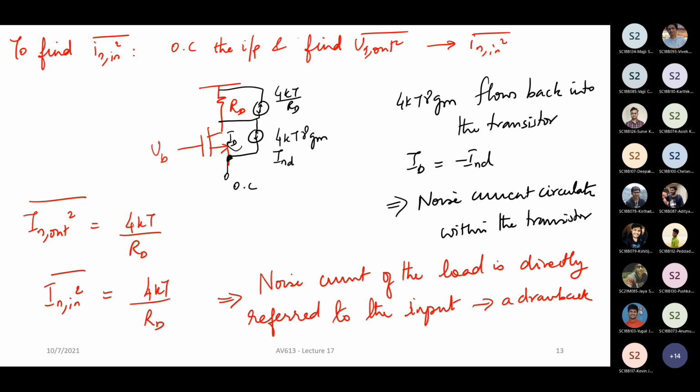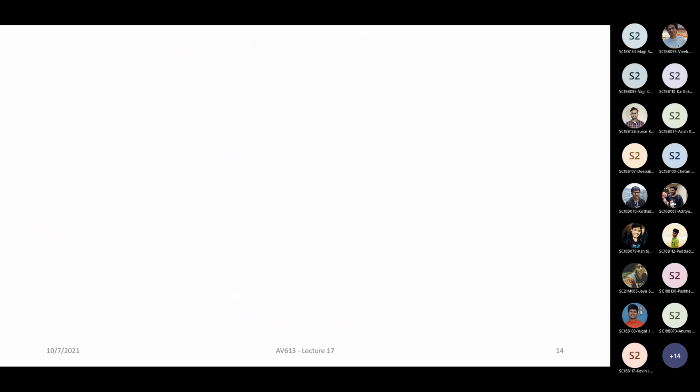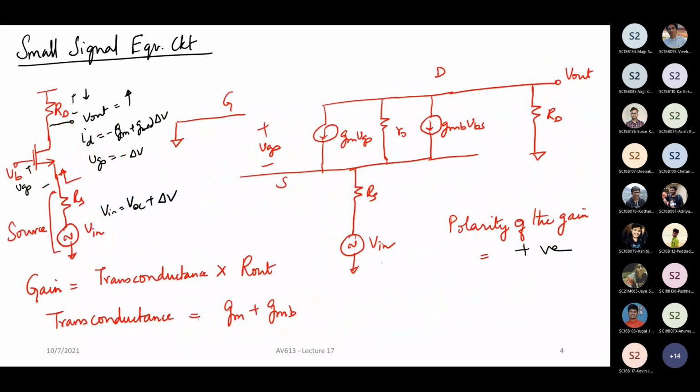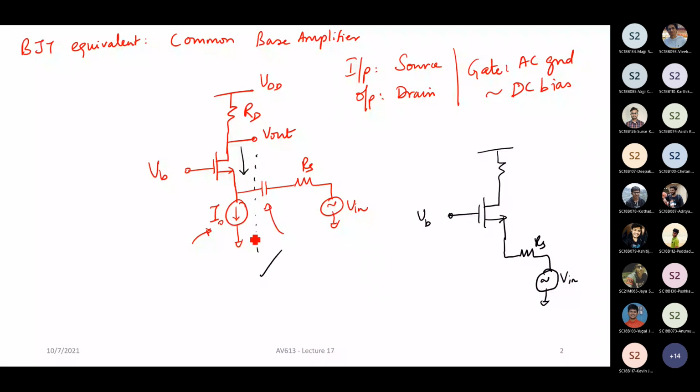Now let us look at a more practical implementation of your common gate amplifier. You have your RD, and let's say this is your VB. At the beginning of the previous class, we looked at this common gate amplifier with a current source to bias the whole thing. In many cases, you don't allow the DC current of your common gate amplifier to go directly and completely into the source.